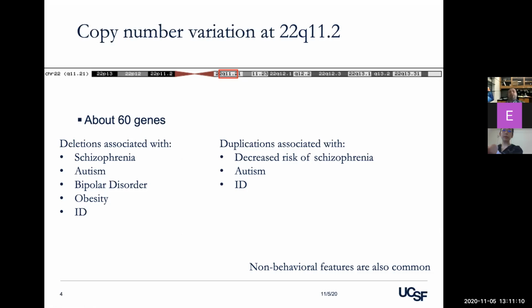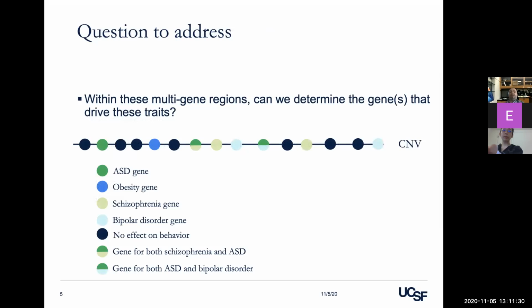And it has a lot of non-behavioral features, like, for example, heart conditions. So a lot of people who have deletions here have various malformations in the heart, as well as in the face. But for the most part, I'm going to ignore those and focus just on the behavioral brain-related traits.